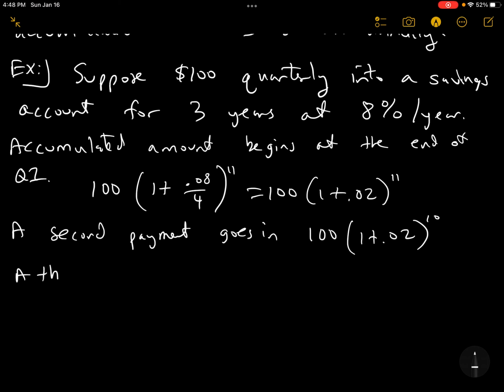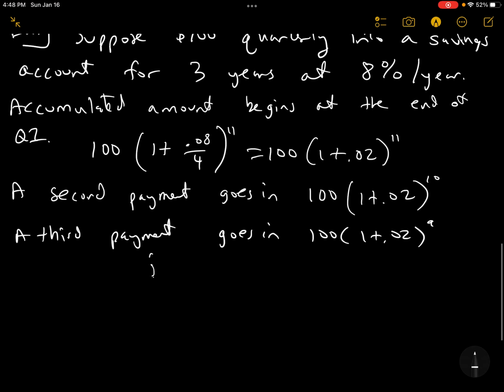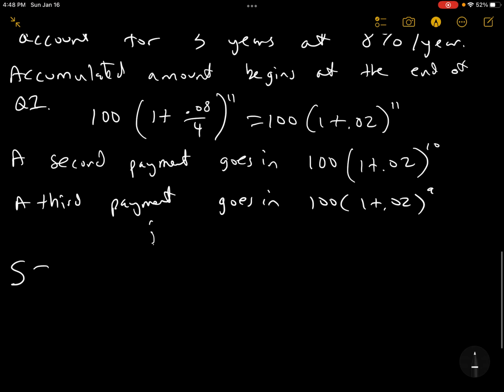A third payment at Q3, and its accumulated amount at the end is this. So we do this for however long it takes, and S becomes our $100 plus we have this sum.